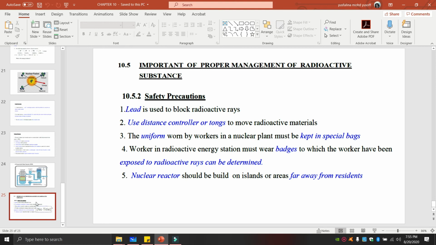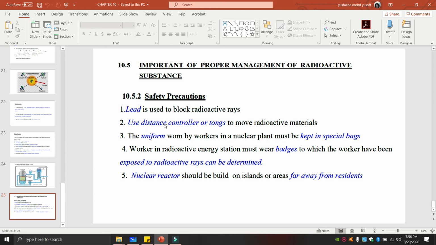Alright, the next one, the last part, is the importance of proper management of radioactive substances. For safety precaution, number one, we use lead to block radioactive rays, because as I told you before, alpha, beta and gamma cannot penetrate lead.